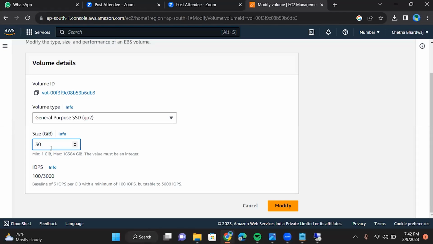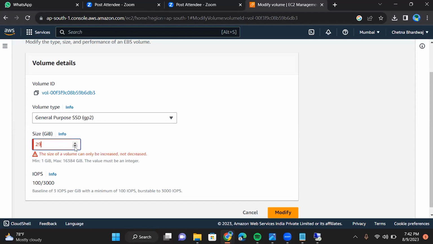When we are launching a tier 2 instance, the minimum size we have to select for our instance is 30 GB. You cannot go below 30. You can see over here the size of the volume can only be increased, not decreased. For general purpose SSD, we only have 29.